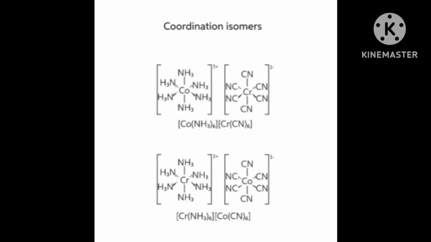Then both forms are called optical isomers, dextro and laevo. Then I have given two examples of these. The first example I told about was cobalt En whole 3 outside 3 plus, and another platinum Cl2 En whole 2 outside 2 plus.